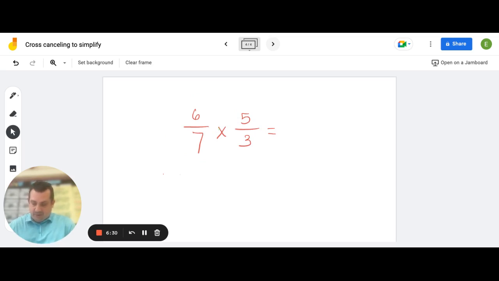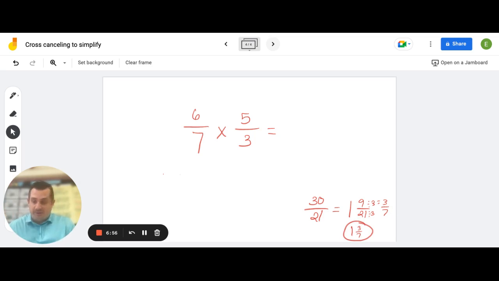Well, 6 times 5 is 30, and 7 times 3 is 21. Now 21 goes into 30 one time, with 9 left over. But I still know that 9 over 21 can be simplified. Divide them both by 3. That gives me 1 and 3/7.